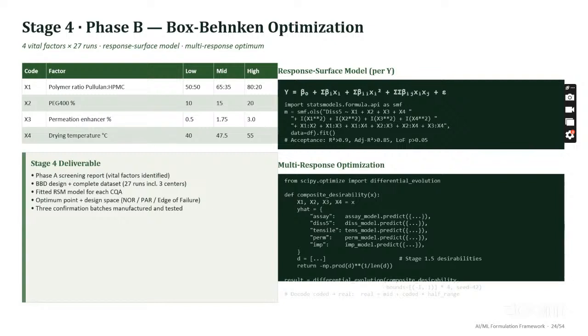The 3 confirmation batches are verified. Clear? 4 vital factors, X1, X2, X3, X4, in 27 runs, at low, mid, high. So these are the deliverables: Phase A screening report, BBD design, fitted RSM model, optimum point, and 3 confirmation batches, manufactured and tested.